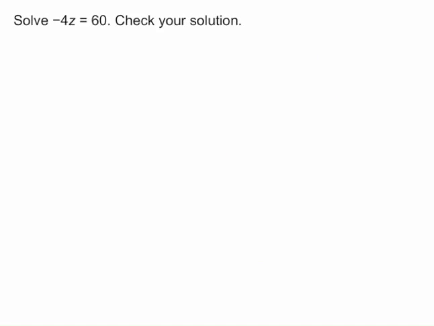At this point, I would think it would be a great idea for you to pause the video and try this one on your own. So we know we've got negative 4z equals 60. So again, the operation that I'm trying to undo by using the inverse in order to isolate my variable is multiplication. So I'm going to divide by negative 4 on each side, because I'm trying to undo this.